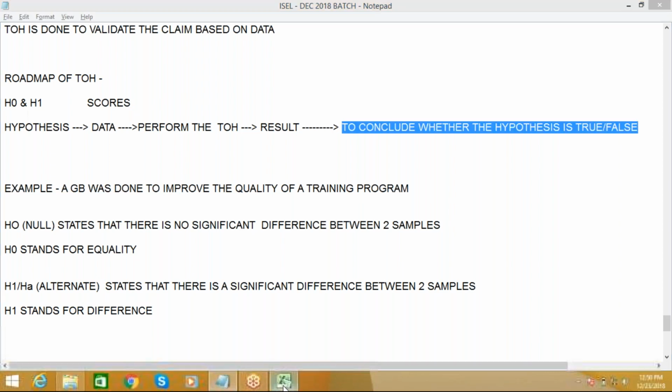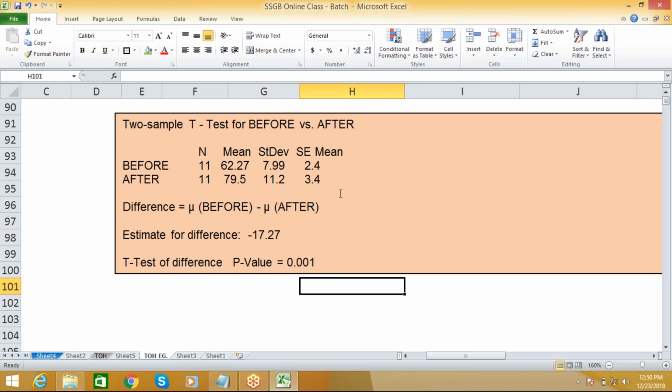So I'll just show you that this is nothing but an example of a two-sample t-test. Why is it called a two-sample t-test? Any idea? You would have come across these names, one-sample t-test or two-sample t-test. Some of you would have seen this in some books.